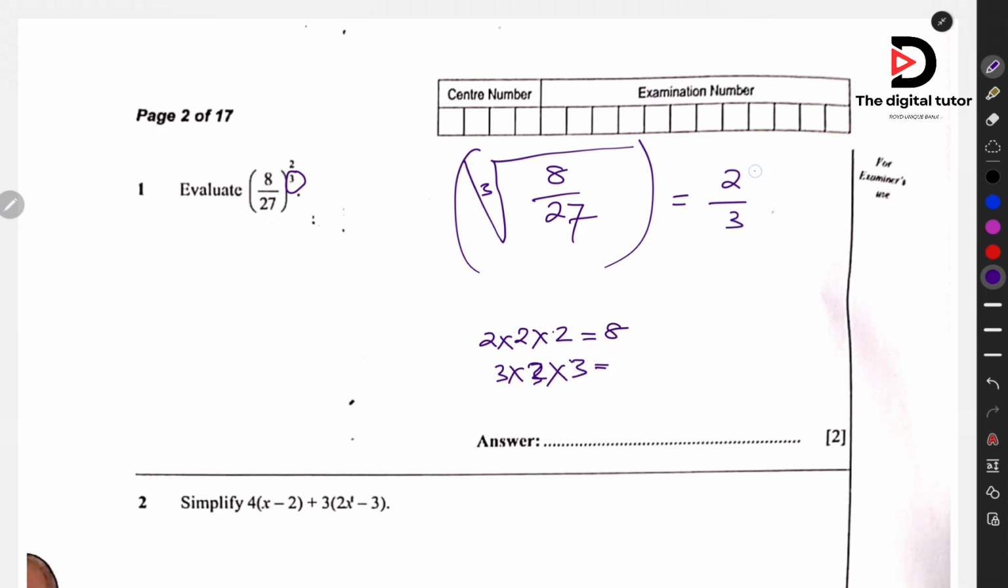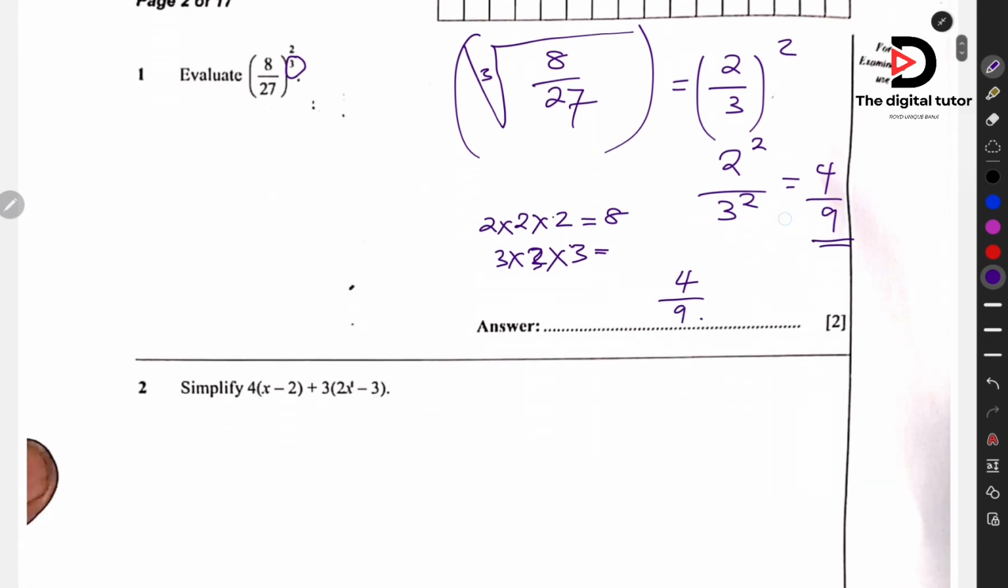So this is 2 over 3. But don't forget it's to the power 2. So that is the same as 2 to the power 2 over 3 to the power 2, which is 4 over 9. So that is the answer to the first question, 4 over 9.